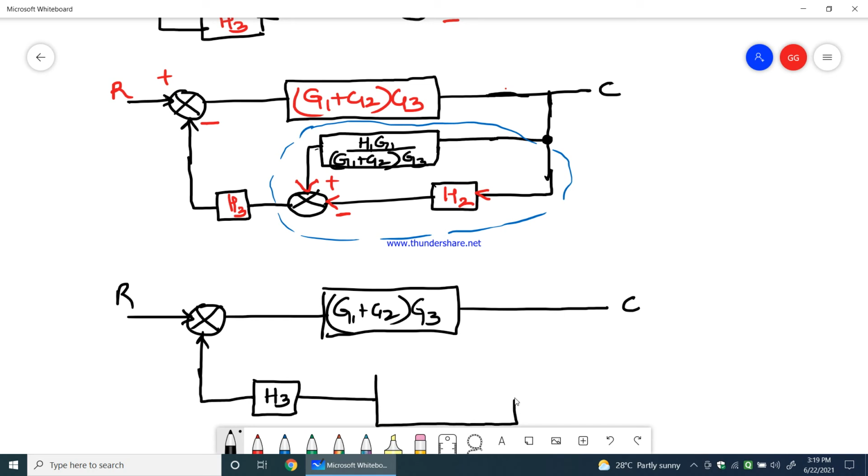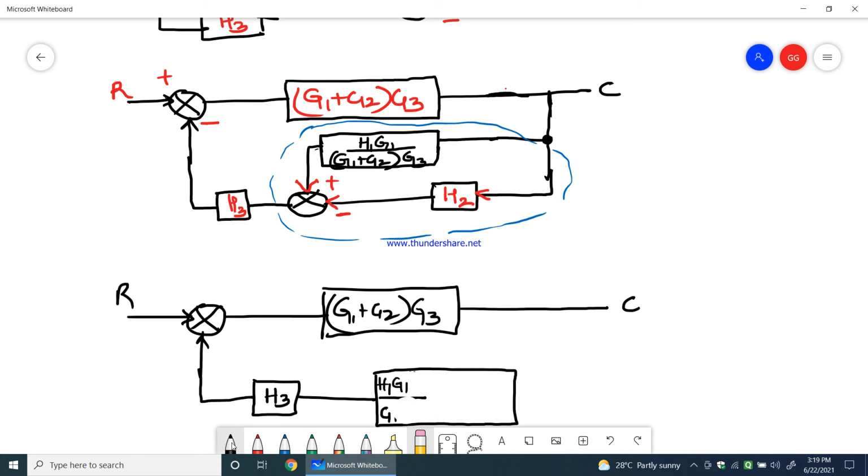Both get added up. So which is H1 G1 divided by G1 plus G2 into G3.